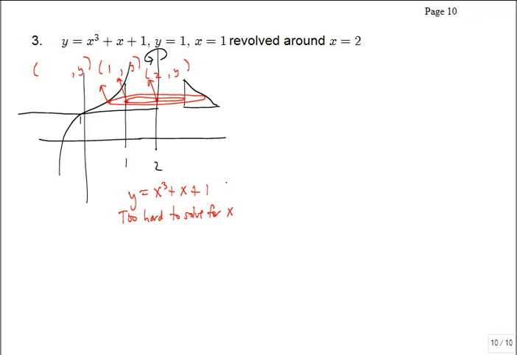And we would need to solve for x so that we could fill in what this should be in terms of y's, because using the washer method would require a dy integral. Pi times big R squared minus little r squared dy. So we would need to know what this curve is solved for x in terms of y, and I don't know how to do that. So that means that this is going to be impossible for me to do this way.